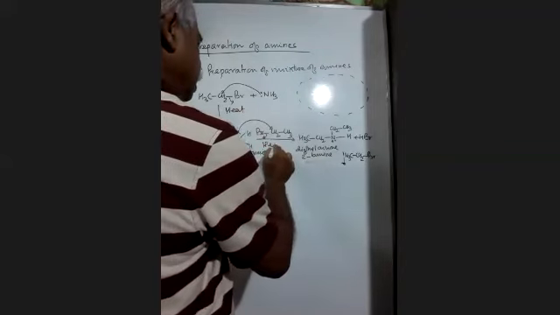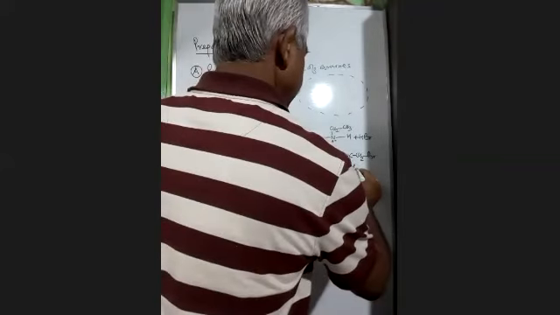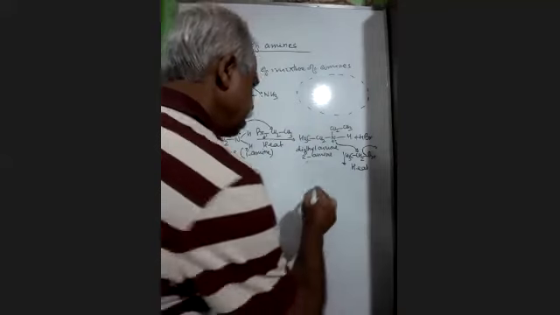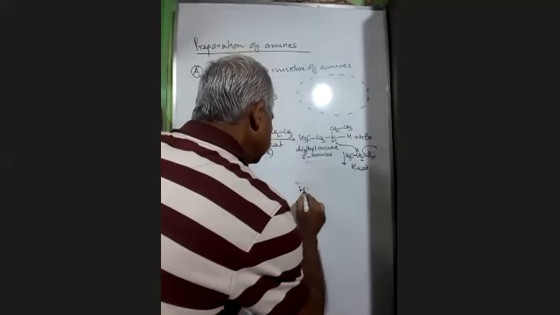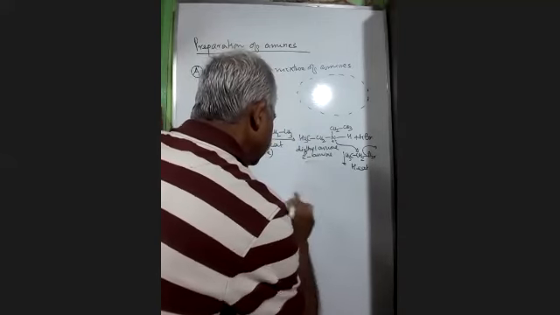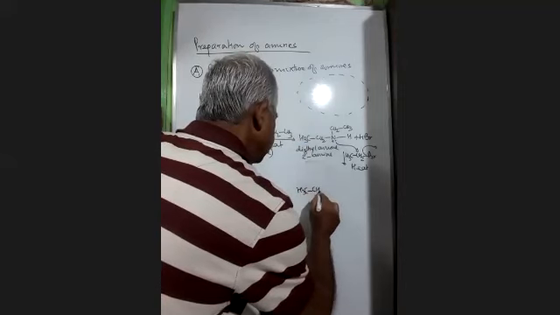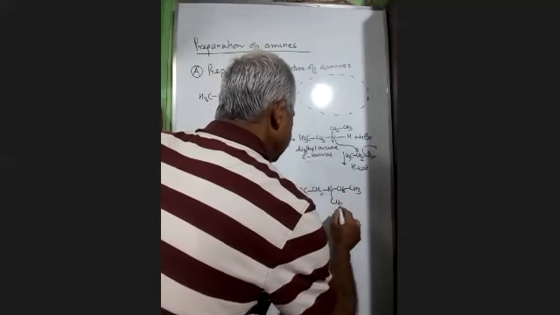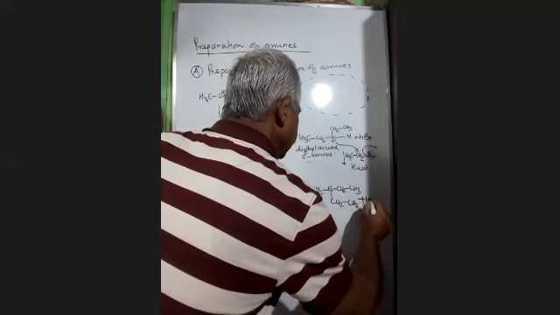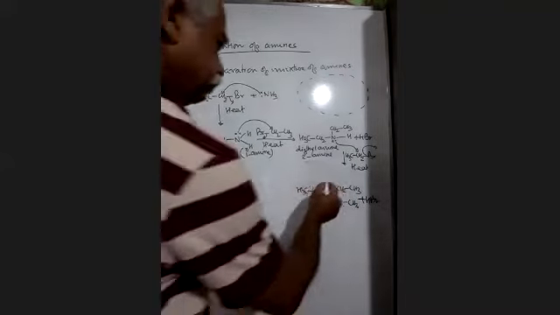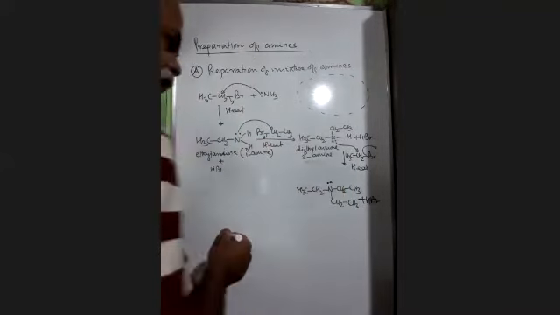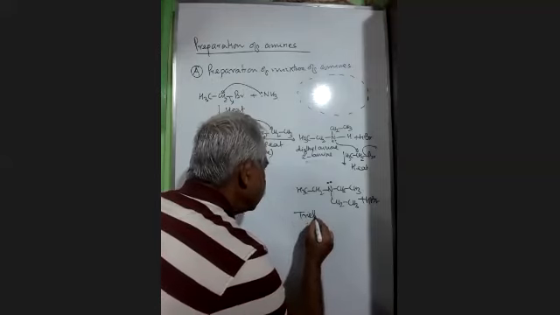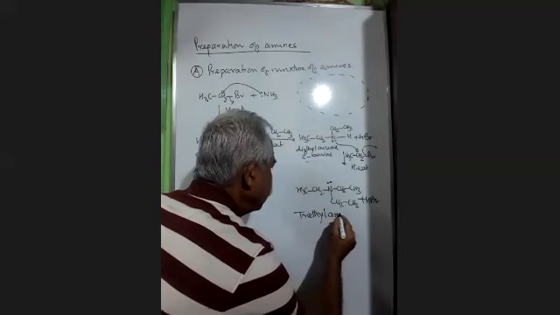Now see, you get here triethylamine (CH3CH2)3N plus HBr.